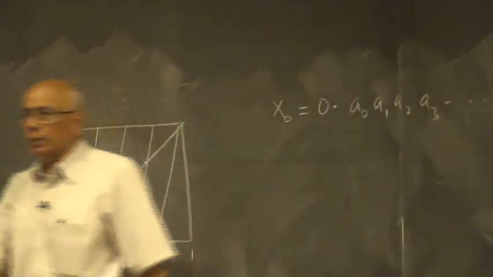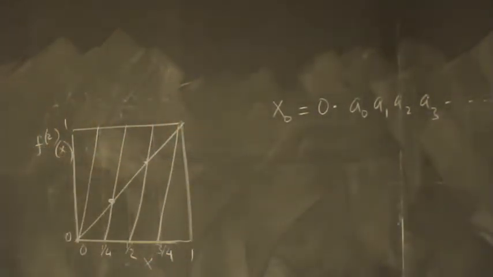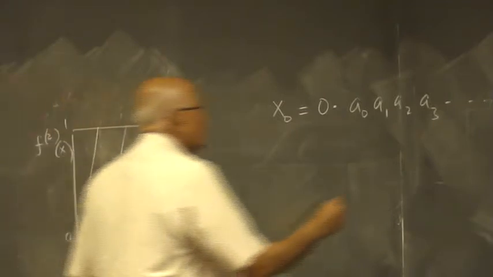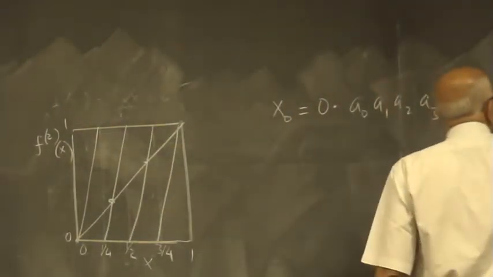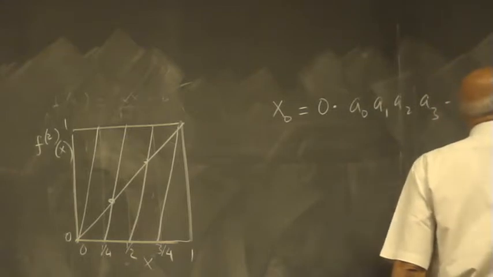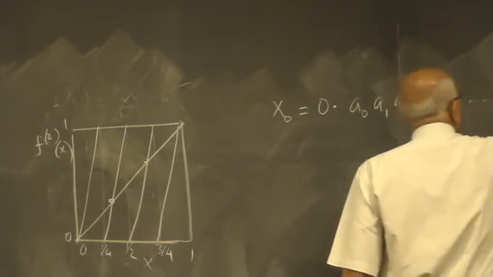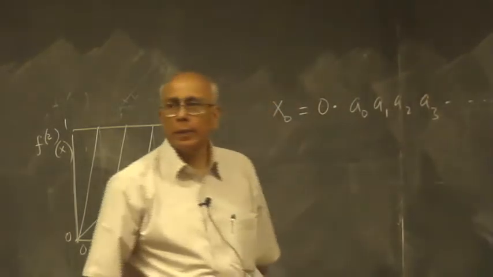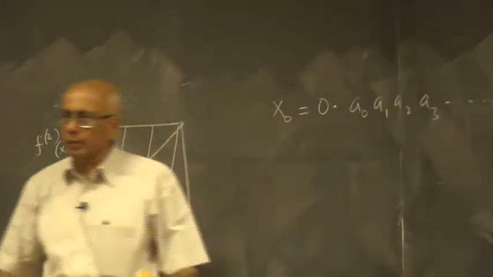If it's a rational number, this will end at some point, or start recurring. If it's an irrational number, it will not recur and will go on forever. The symbols are zeros and ones. So each Ai is 0 or 1.